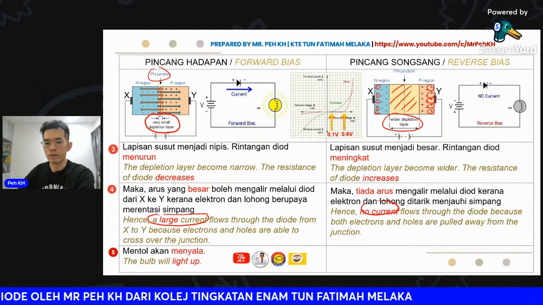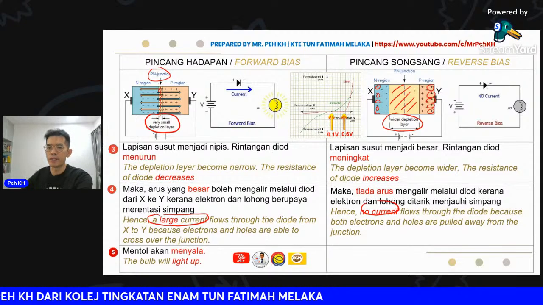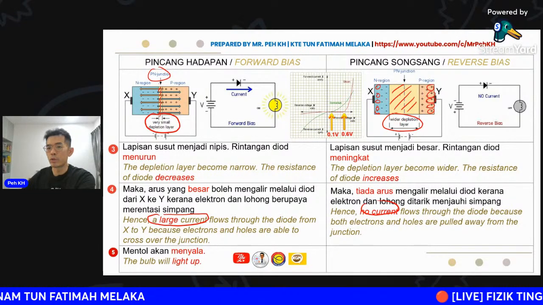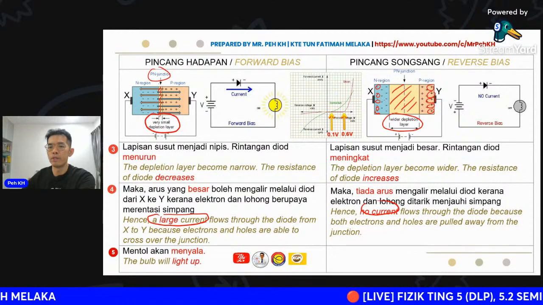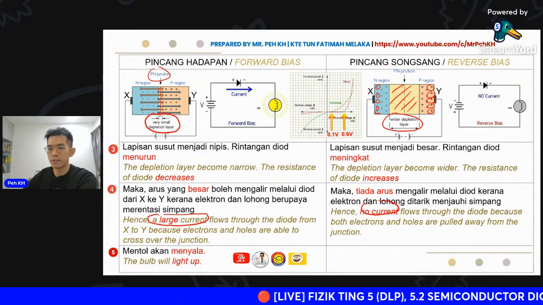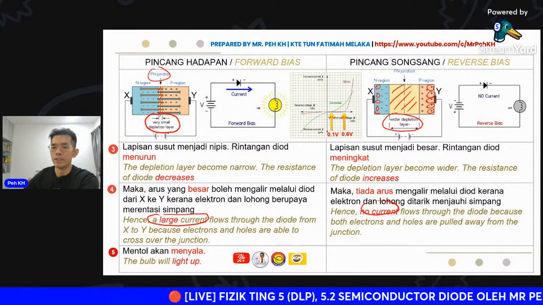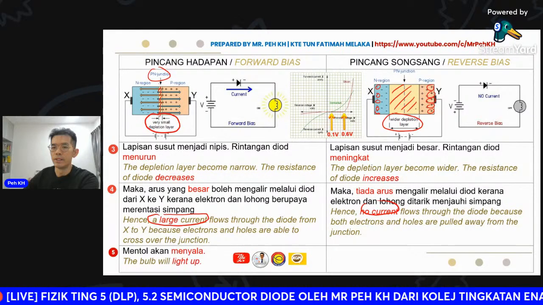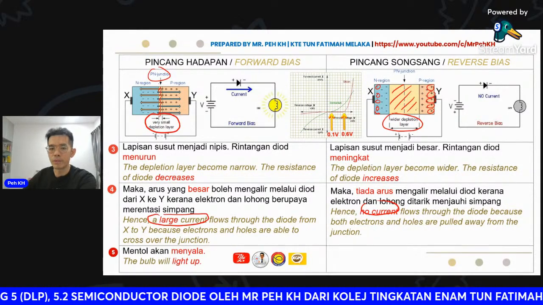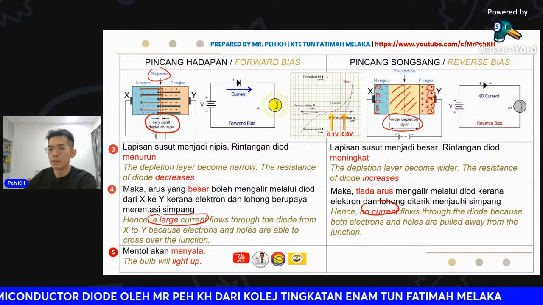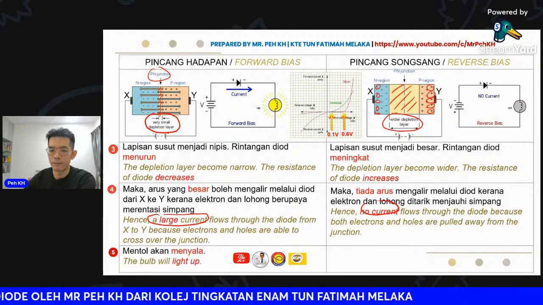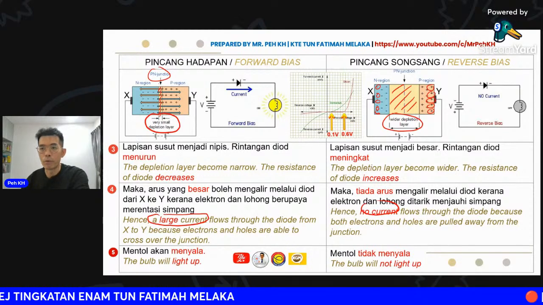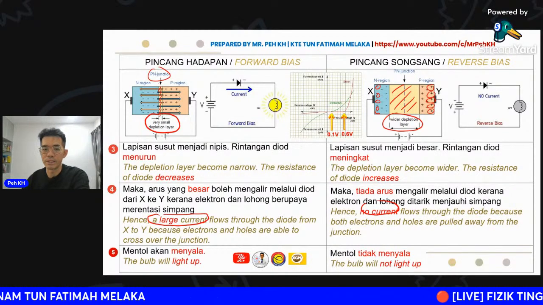Then for the case of reverse bias, there will be no electron or hole crossing over the junction, so no carrier movement, no current flow, and the bulb will not light up. So this is the comparison between the forward bias and the reverse bias.